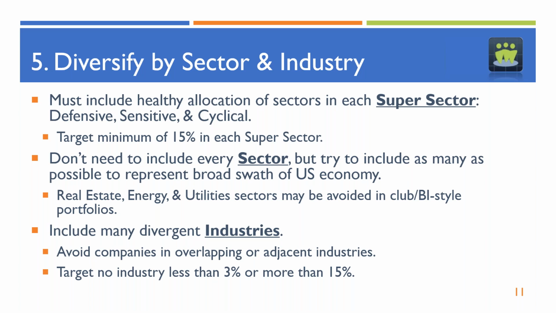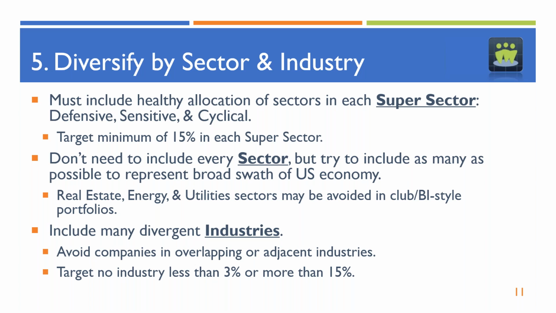And again, that's a rough guideline, but I think the idea is that if you can spread out into those 3 super sectors broadly enough, in the case of a protracted recession, your defensive company stocks will hold the line for you, while the sensitive and cyclical stocks will be failing a little bit in terms of the economic power of the companies in those super sectors.